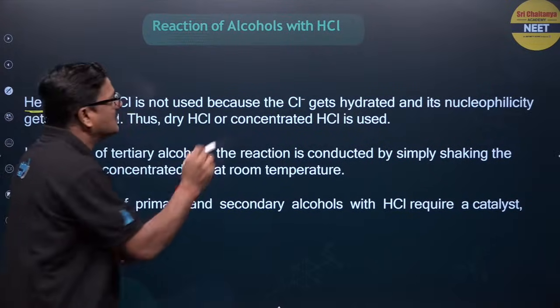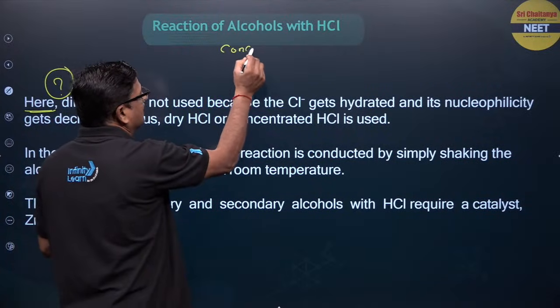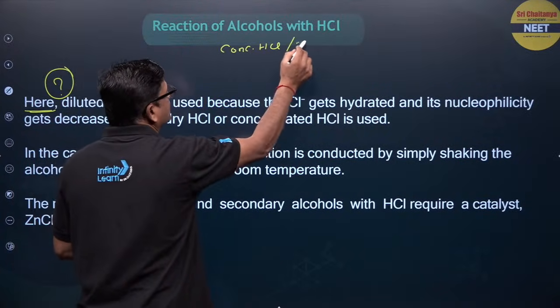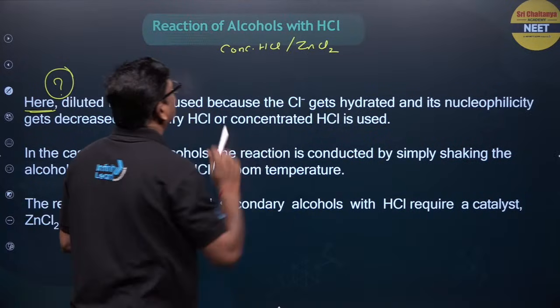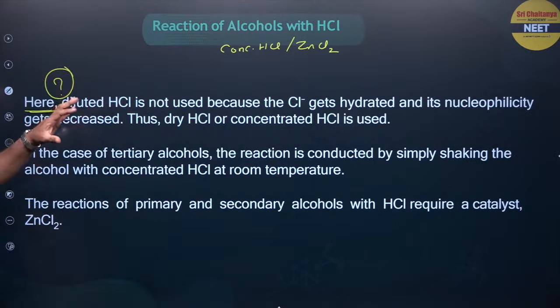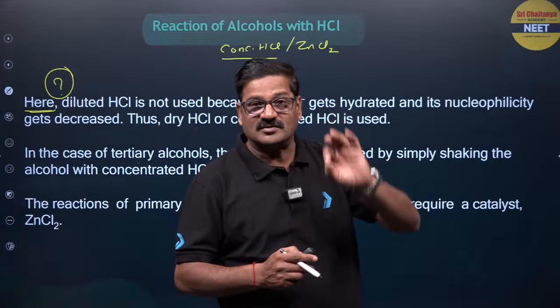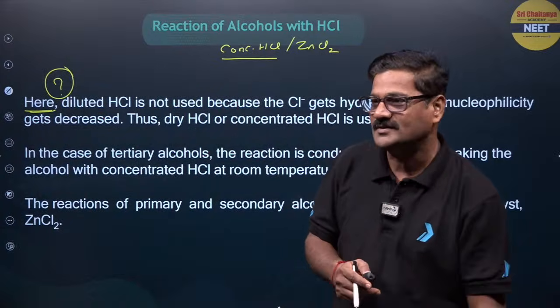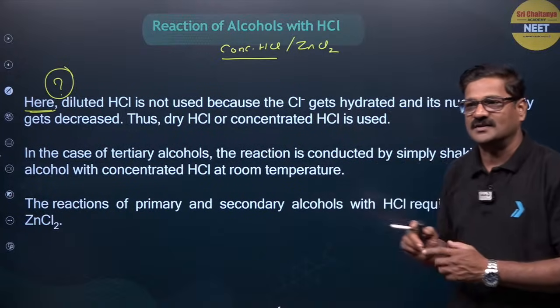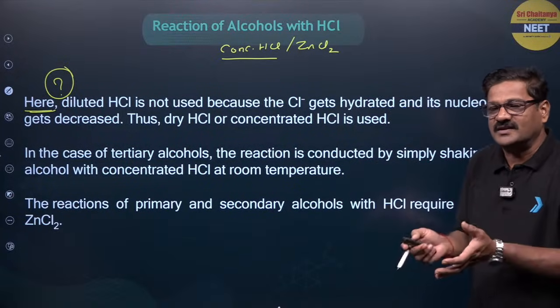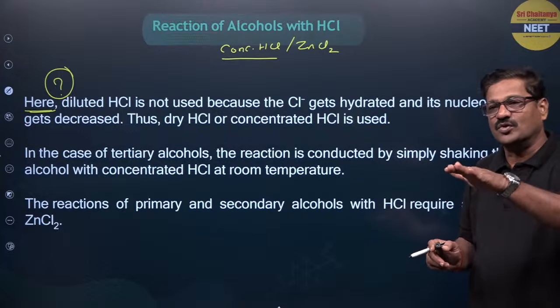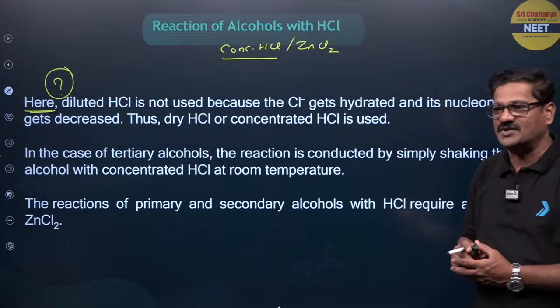We use concentrated HCl along with zinc chloride. So, reaction of alcohol with HCl: why do you use concentrated HCl but not dilute HCl? Got it? If you use dilute HCl, HCl is getting hydrated, so the nucleophilicity of Cl- is decreased.